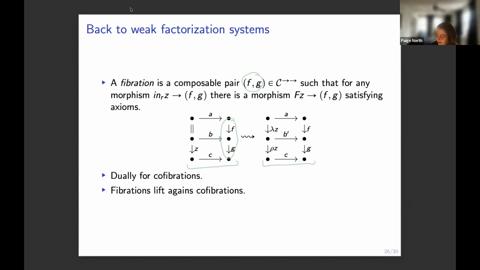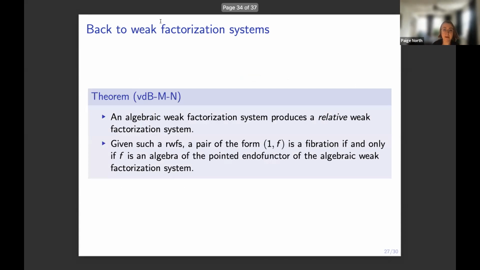Okay, so it's looking pretty strange so far. But we have a nice theorem that compares these things to usual notions of algebraic weak factorization systems. So an algebraic weak factorization system produces a relative weak factorization system. We can always produce a relative one from a usual one.